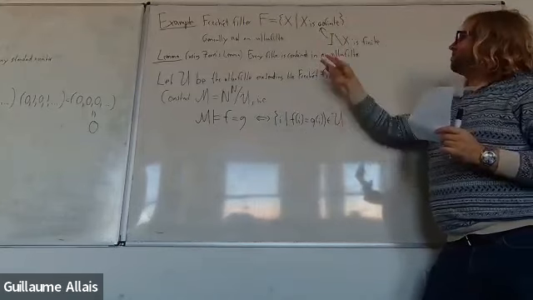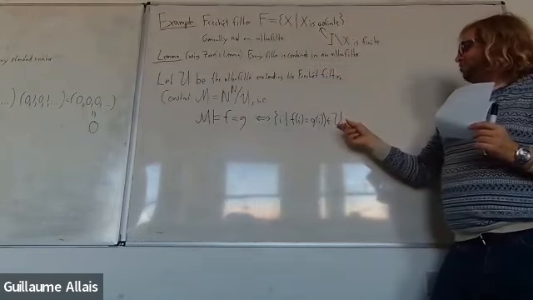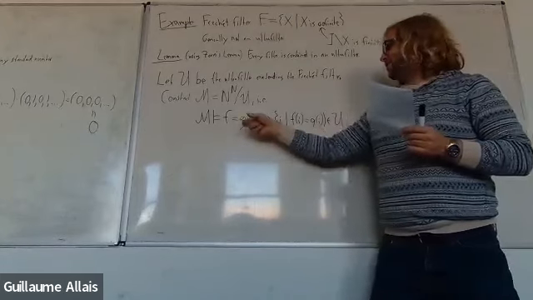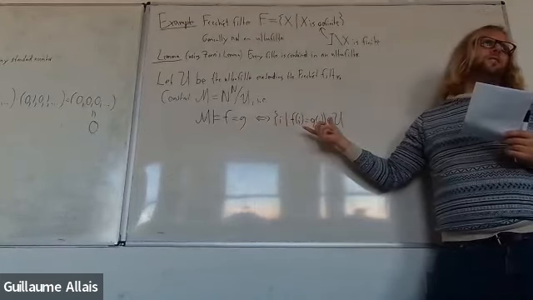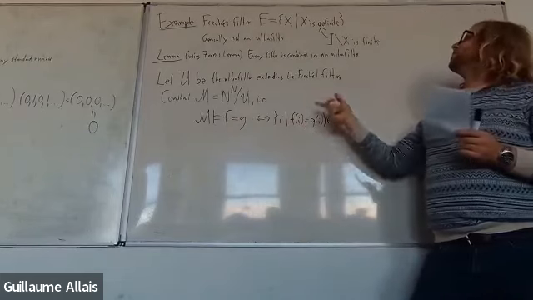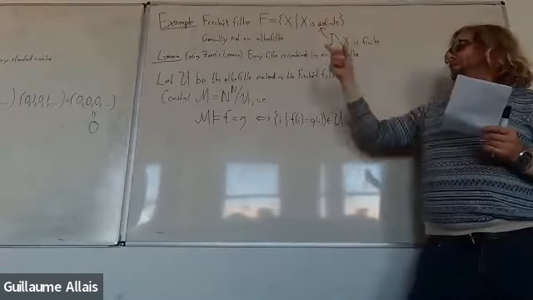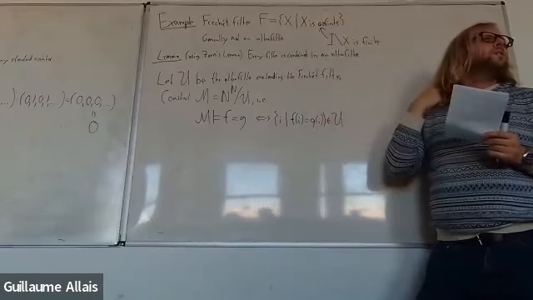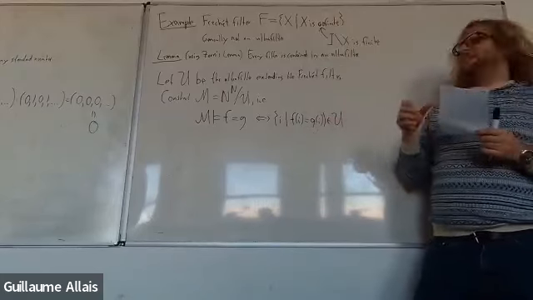So you think of this as being big and containing almost everything. We say that f and g are equal if they are equal almost everywhere, so they differ in only a finite number of places. On M, yes.